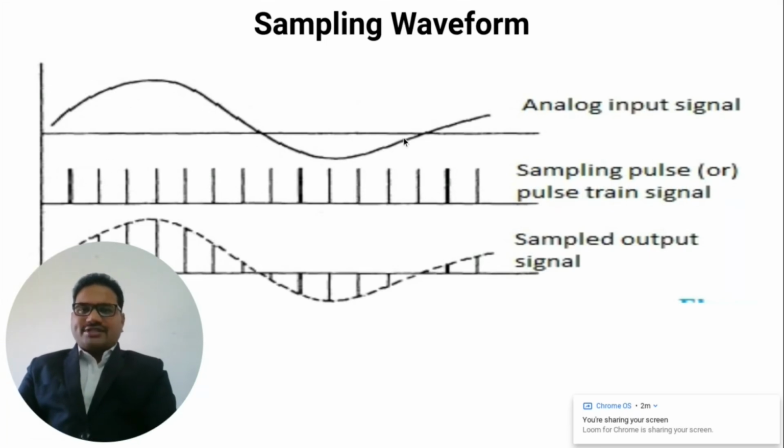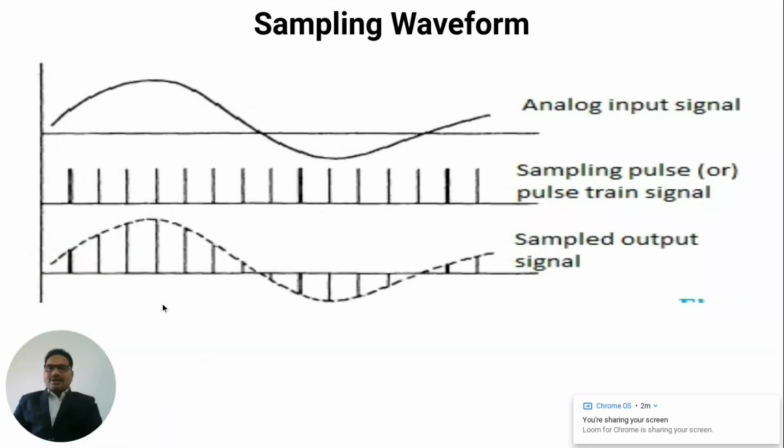This is an analog input signal and this is a continuous train of unit impulses. When the analog signal is multiplied by this sampling pulse train, the resultant wave is the sampled output, as you can see on this screen. So it is nothing but your sampled output signal.